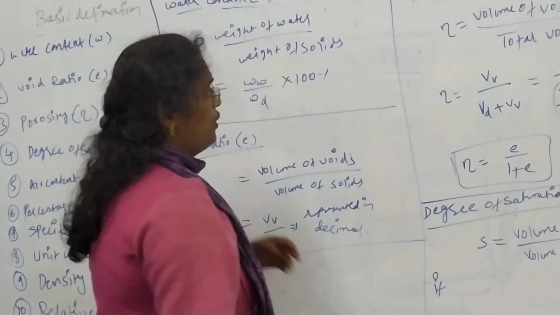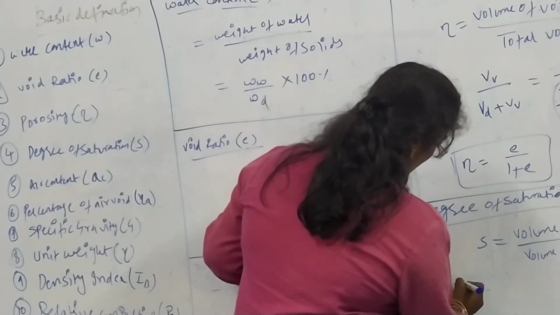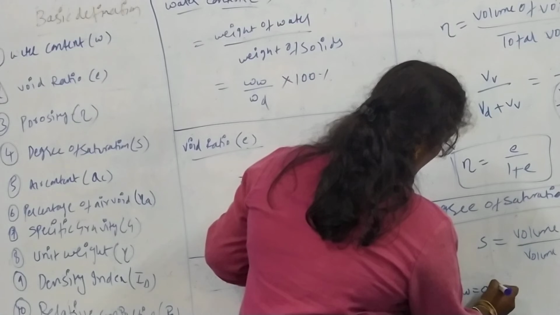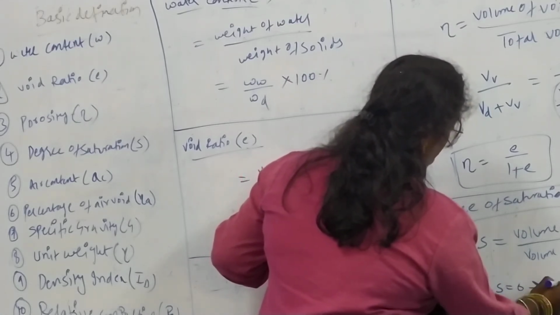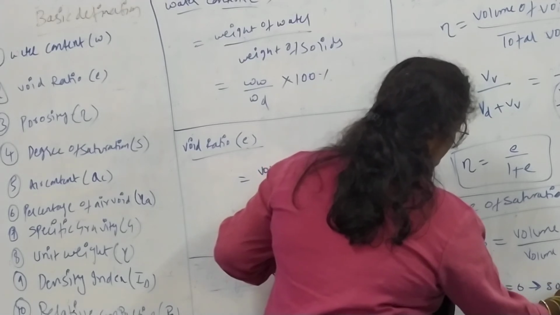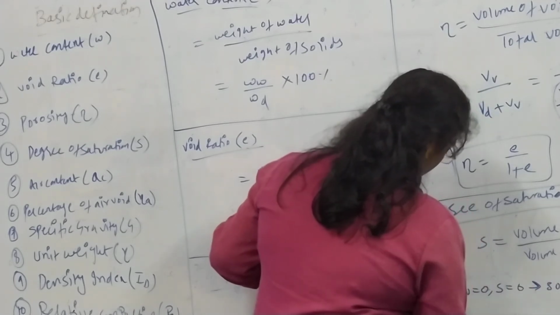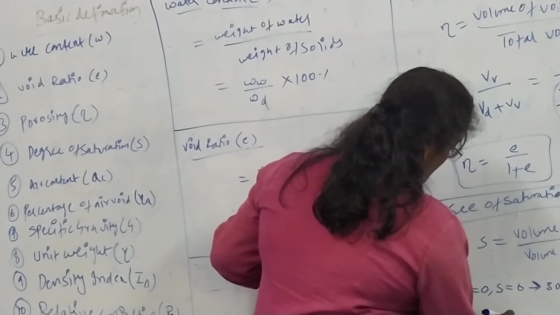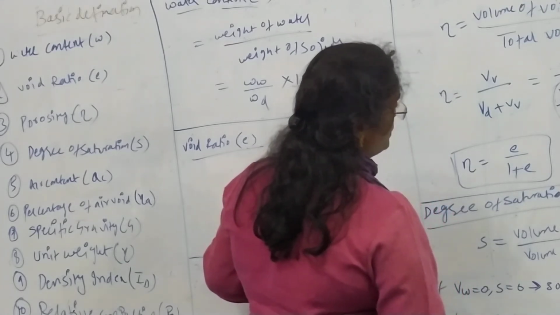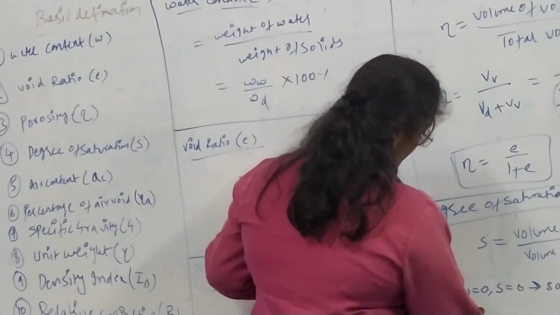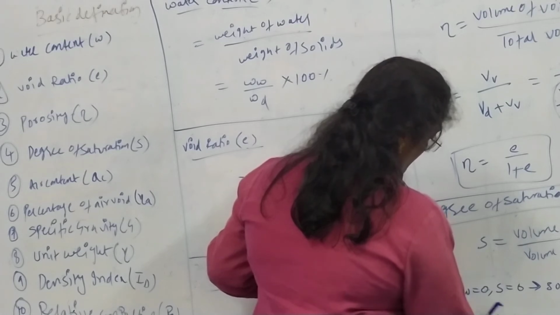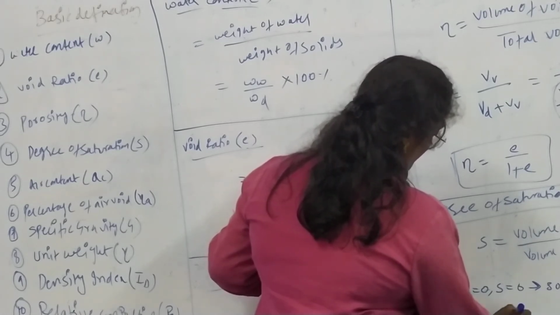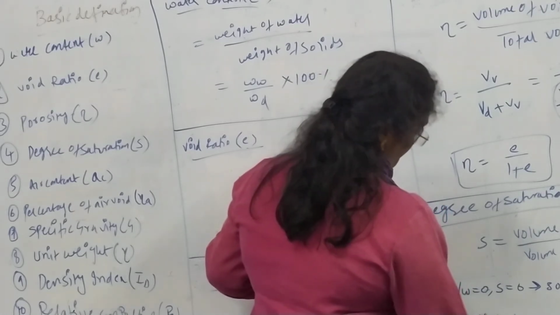If volume of water is equal to 0, automatically the degree of saturation will also become 0. Then that soil is known as dry soil, right? If Vw is equal to Vv, automatically the degree of saturation will become 1.